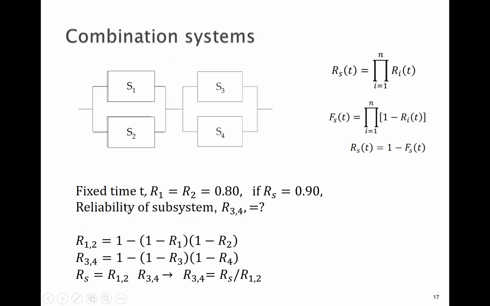The reliability of system 1 and 2, this parallel configuration, is 1 minus (1 minus R1) times (1 minus R2), and the reliability of the pair 3 and 4 is 1 minus (1 minus R3) times (1 minus R4). The system reliability is the multiplication of the reliability of these parallel systems. Then we can determine the reliability of systems 3 and 4.